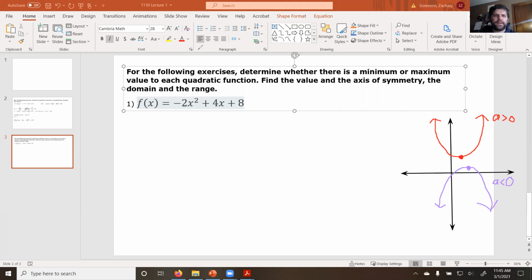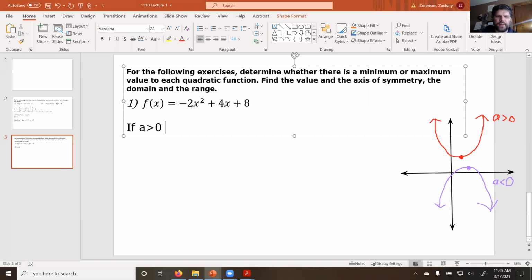So when finding maximum or minimum, we say if a is greater than 0, then we have a minimum. If you want to write it as a point, I'm fine with that. You just write it at the vertex. Sometimes people just say the minimum is the k value. I'm fine either way. I would probably write out the point, but it's not that hard to extrapolate.